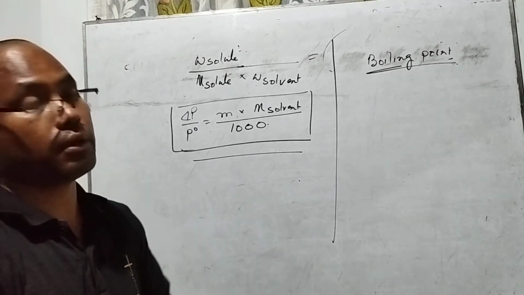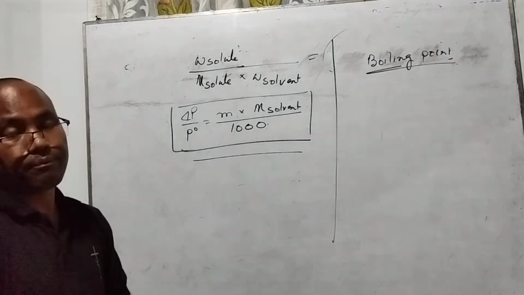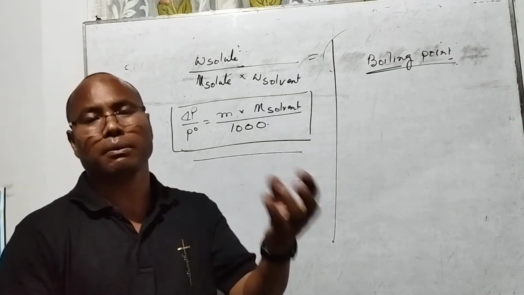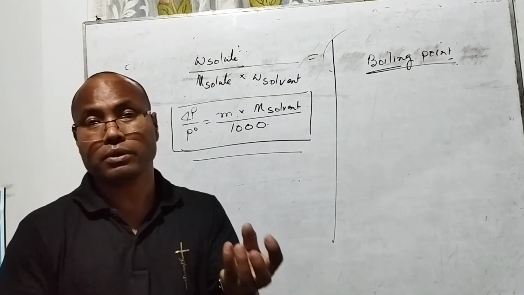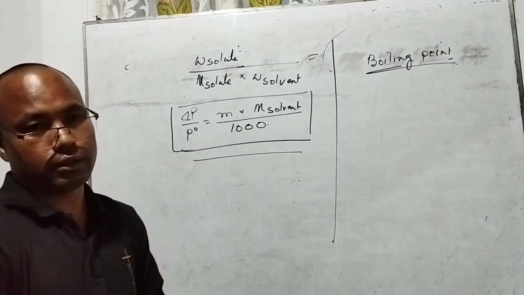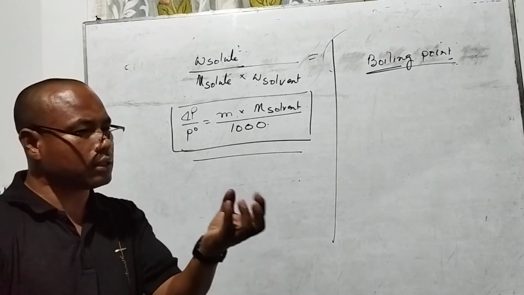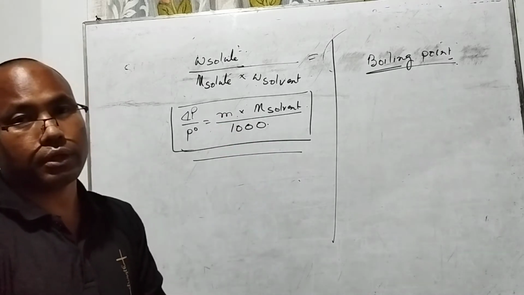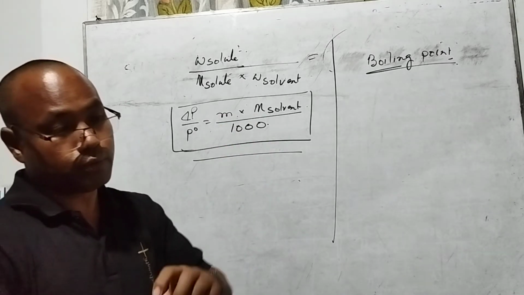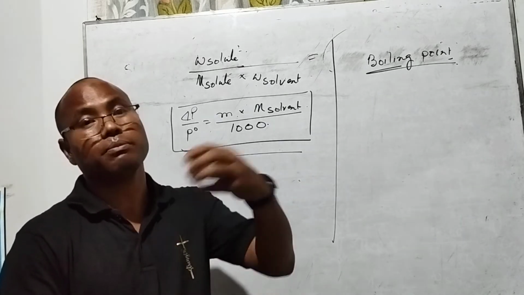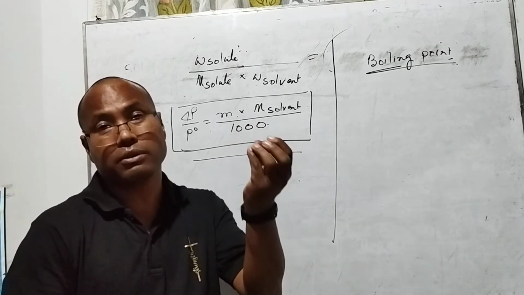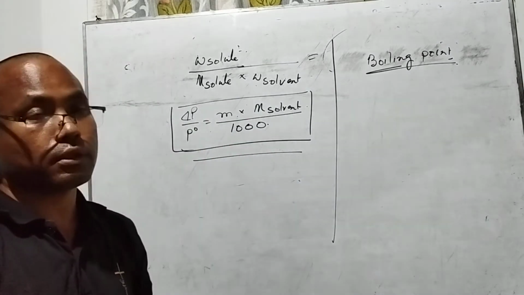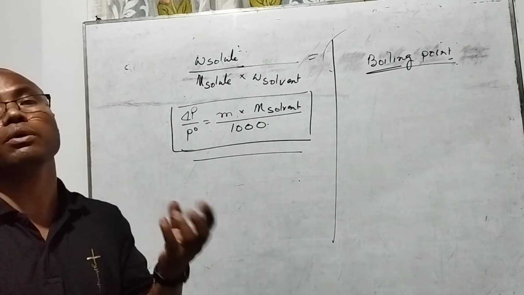Remember that. The conversion of our liquid into vapor is what we call boiling. For the conversion of that liquid into the vapor phase, a certain temperature is required. The temperature for such a conversion is what we call the boiling point.